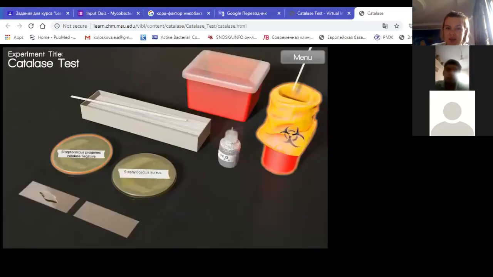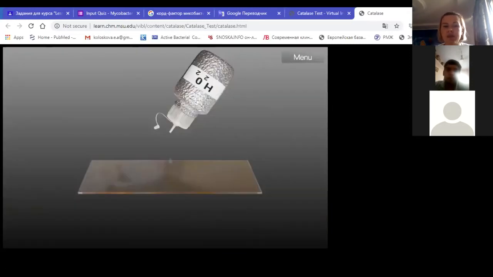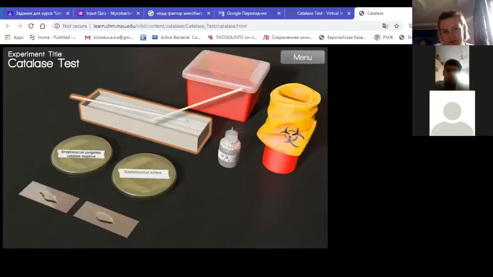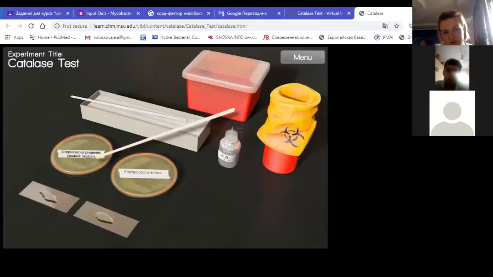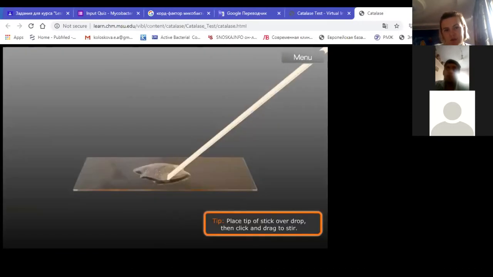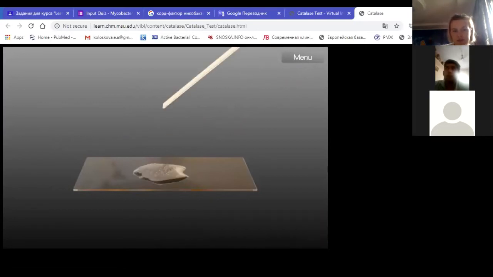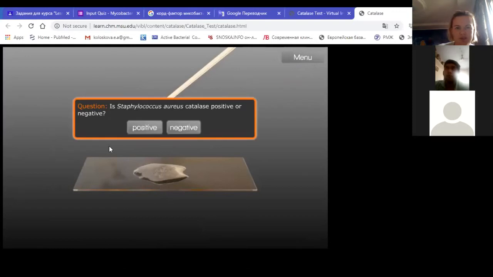Next, you add hydrogen peroxide on the second slide. Mix it. What do you see? Bubbles in the drop. It means catalase positive, sorry. Positive, of course.